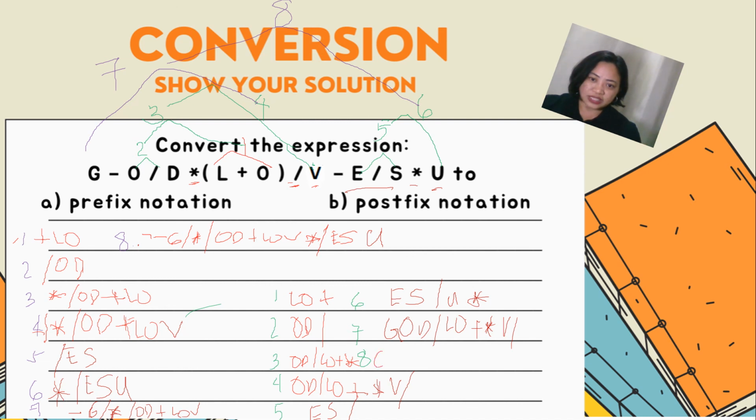So, copy lang natin yung 7, G OD divide LO plus times V divide. And then, yung nasa kanan ay yung number 6, ES divide U times, and then operator.